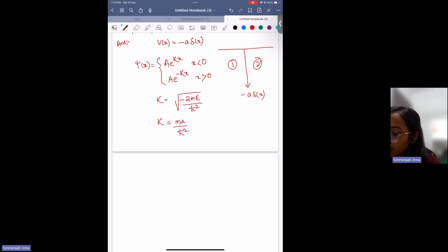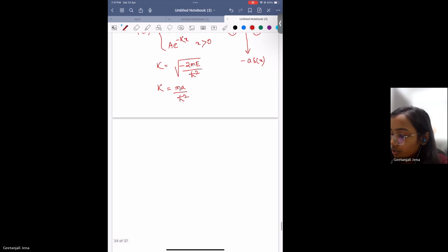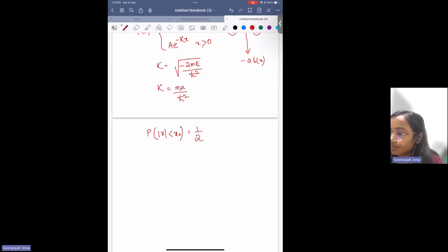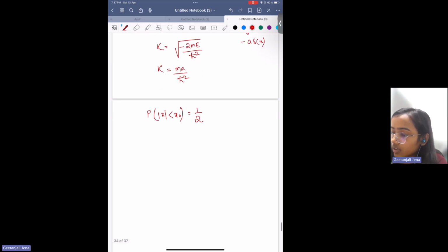Now we have to calculate the probability. For the probability, we have to take the square of this wave function. So the probability for finding the particle at |x| less than x0 is given as half. That means you can separate it out: from minus x0 to 0 of psi 1 squared dx plus 0 to x0 of psi 2 squared dx equal to half.